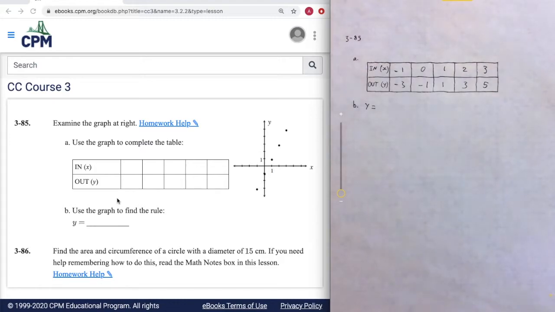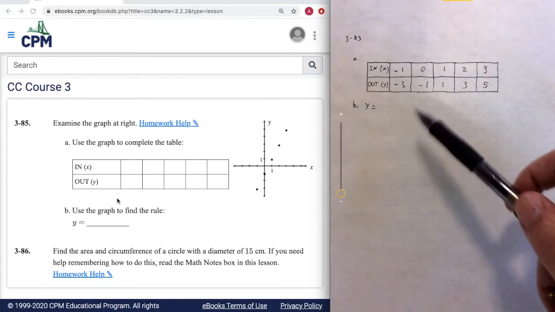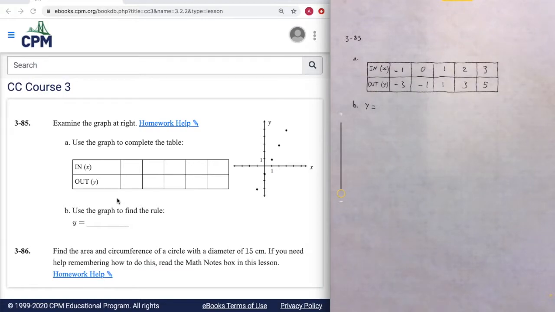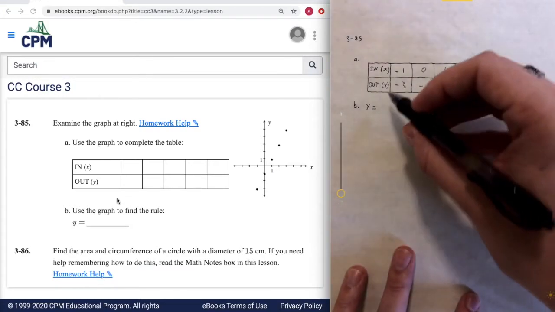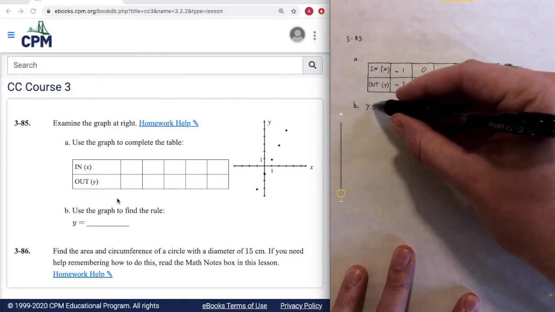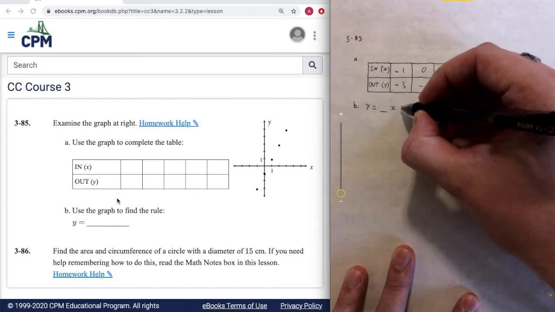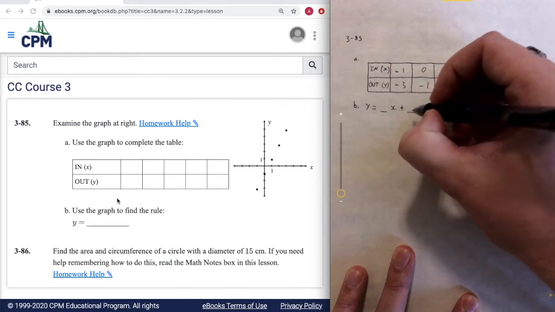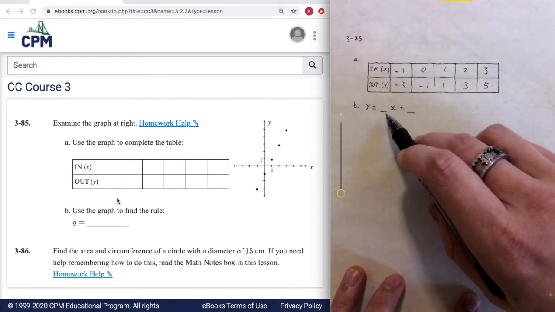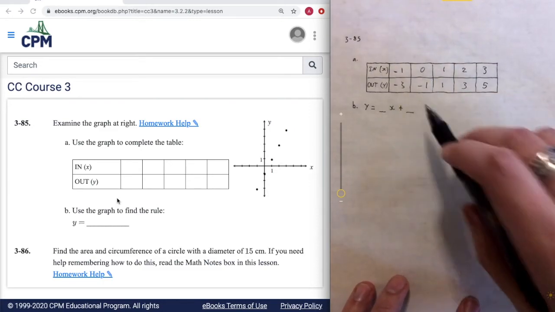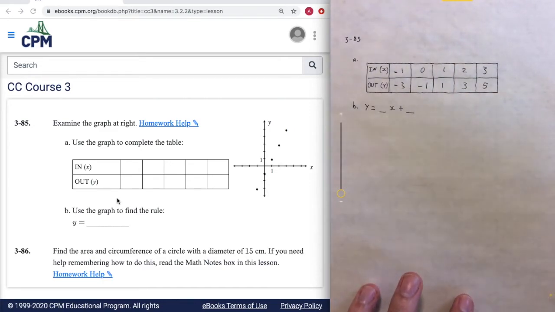So we know the rule isn't y equals x minus 1, but that gives us some information about what it might be. If you're reminded that the rule will always look like y equals something times x plus something, we want to try multiplying the x before we subtract the 1, maybe.